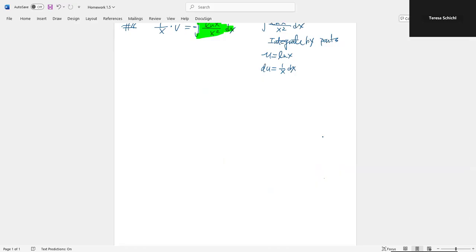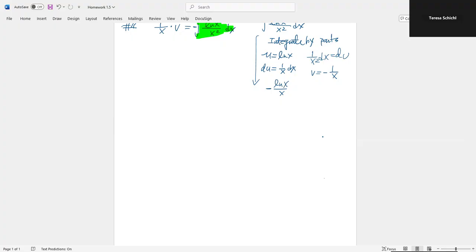So with 1 over x squared dx equal to dv, I have v equal to negative 1 over x, since negative 2 plus 1 is negative 1. Now by parts, this integral will be equal to uv, so negative ln x over x, minus the integral of v du.